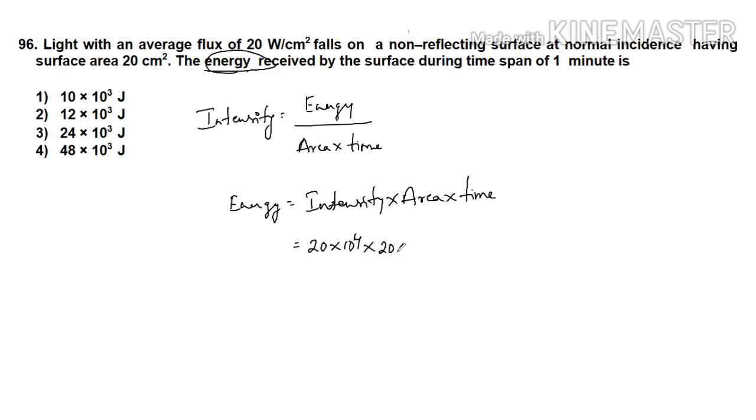Into 20 into 10 raised to minus 2 is the area, 20 centimeters square, into time for a span of 1 minute, so 60 seconds. If we simplify, we'll get 24 into 10 raised to 3 joules. So 24 into 10 raised to 3.